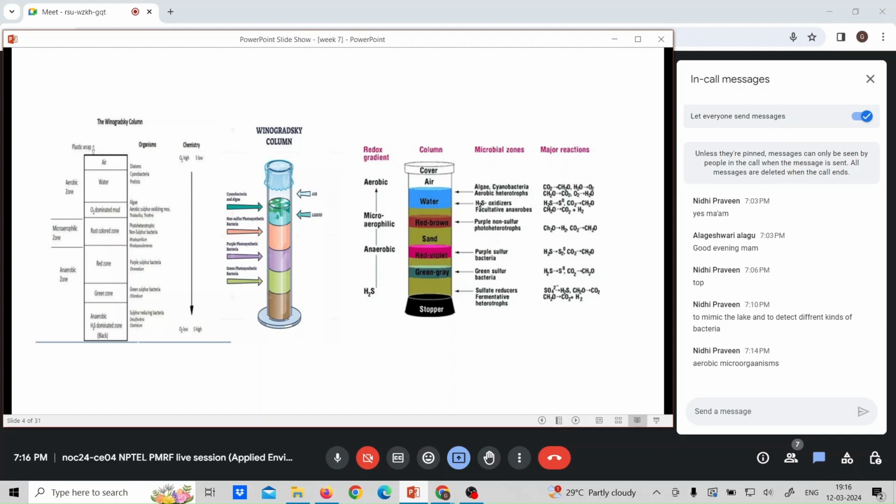Whatever name it is, first of all, try to understand it by splitting the name. Even if you are not aware, just try to see what part of it you know. So this is very basic information. Coming back to the content here, microaerophiles you can separate as micro, aero, and philic, right?